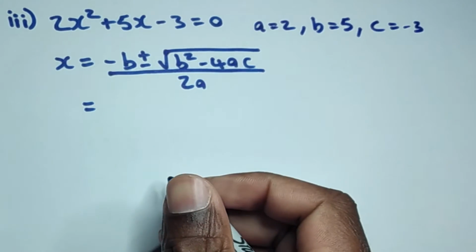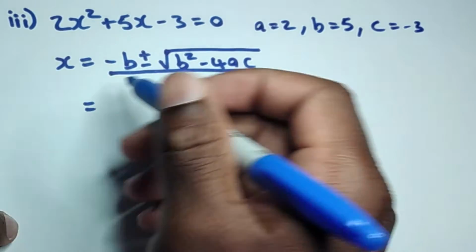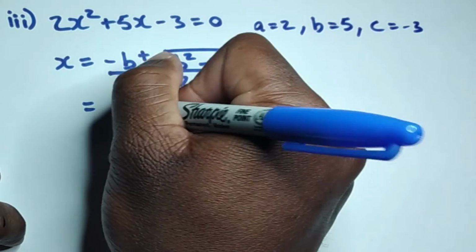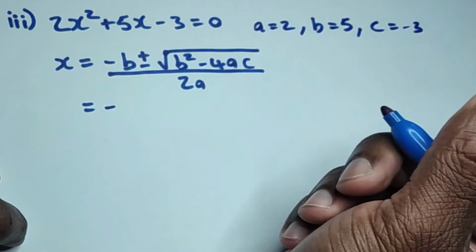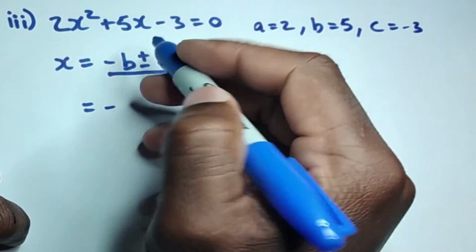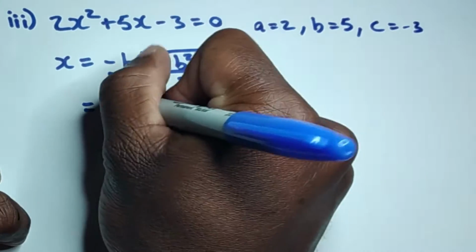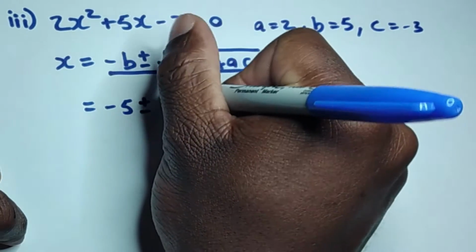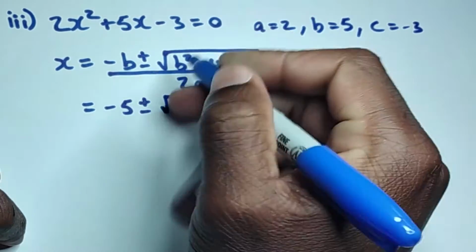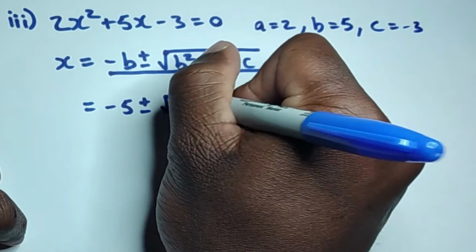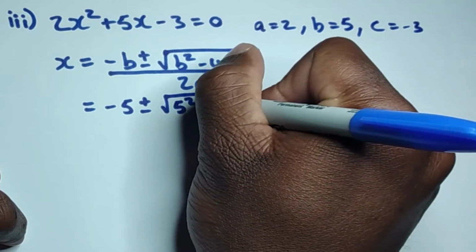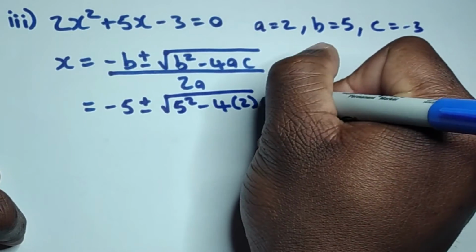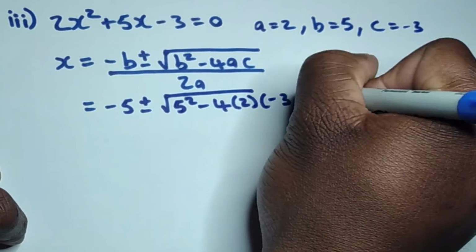All right, now what we want to do is to plug in those values in our formula, and we'll be on our way. So we'll replace the b with 5, plus or minus the square root of b squared, so 5 squared, minus 4 times a, which is 2, times c, which is negative 3.